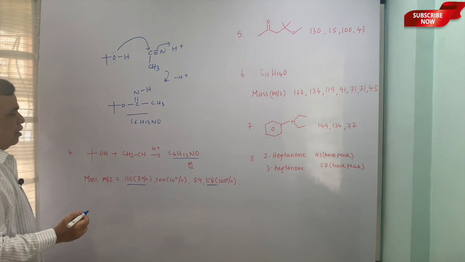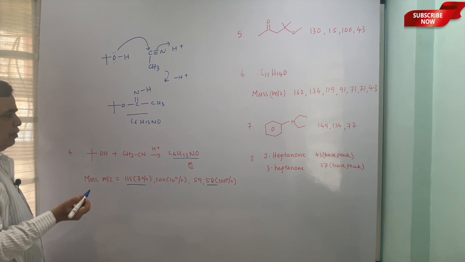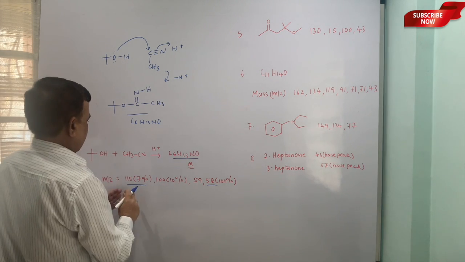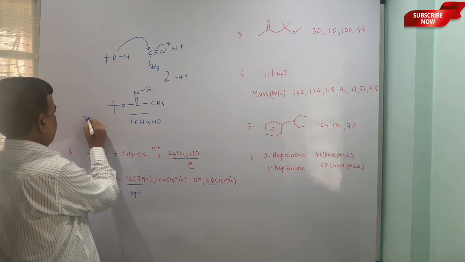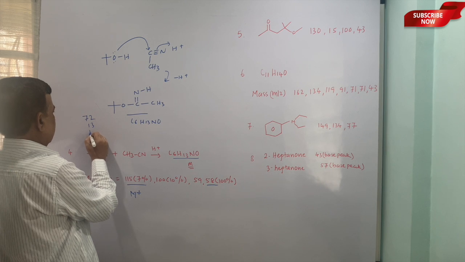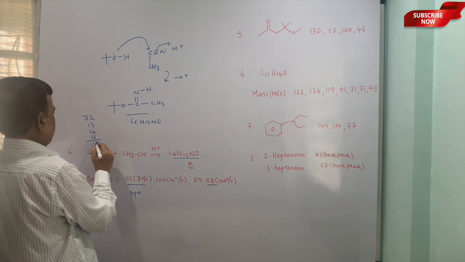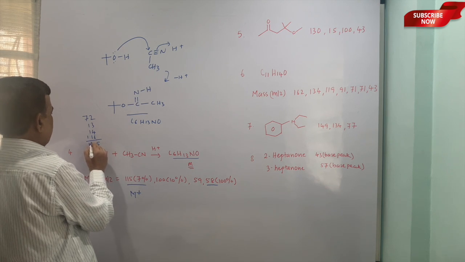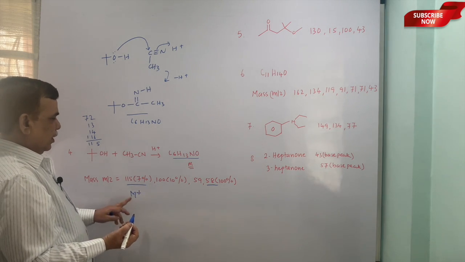Okay, so 58 is the base peak, so we have to explain this. This is M plus, you can check: 72, 13, 14 and 16. This is M plus, okay, that is without any problem.